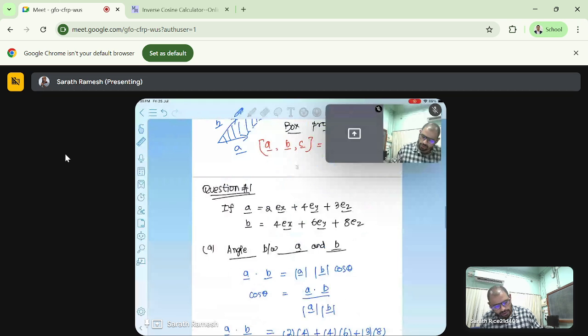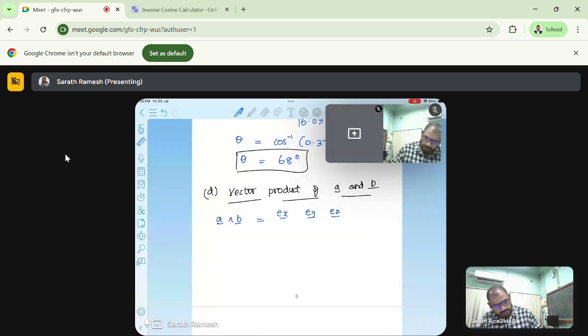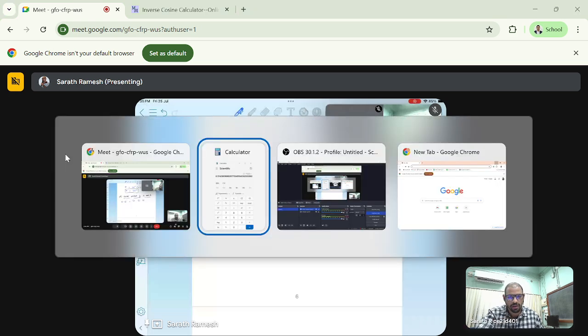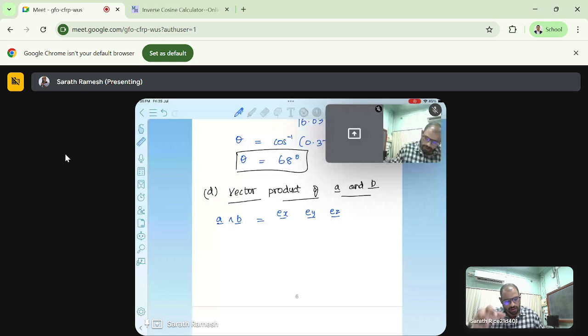In the third row, we write the components of B vector, 4, 6 and 8. Now this is solving the determinant, plus minus plus: Ex times 32 minus 18, minus Ey times 16 minus 12, plus Ez times 12 minus 16.